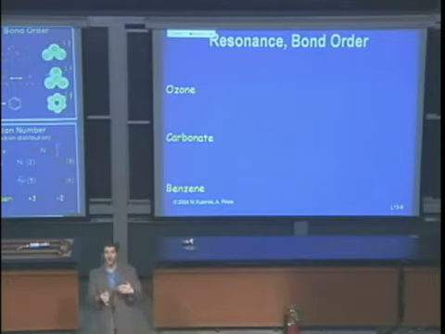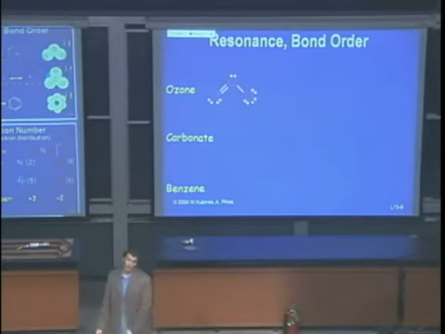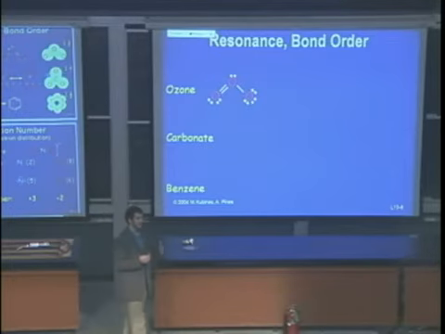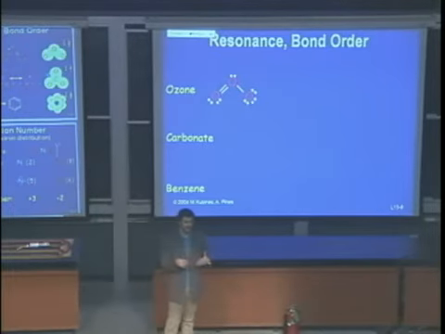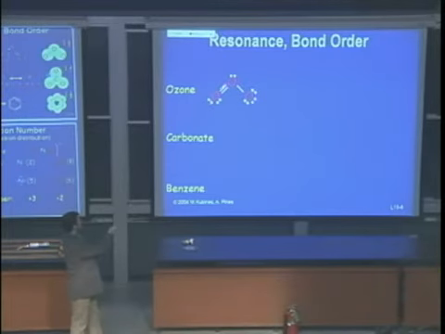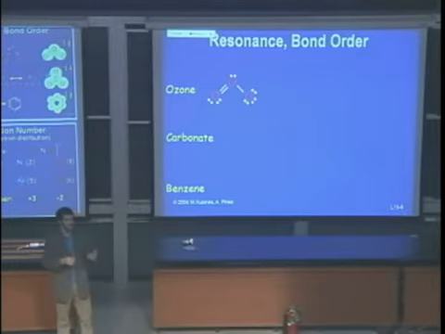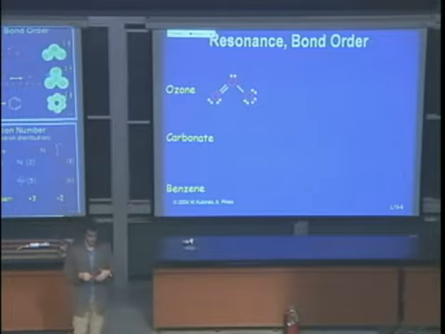Okay, let's move on to talking about resonance structures and bond order. We'll start with ozone. I've got 3 oxygens. Oxygen has 6 valence electrons, so I'm going to have a total of 18 valence electrons in my compound here. Now, I have to form this double bond because if I were to have a lone pair here and a lone pair here to give the octet, I would need 20 electrons to do that, and I only have 18, so I'm forced to give 3 bonds to one of the oxygens.